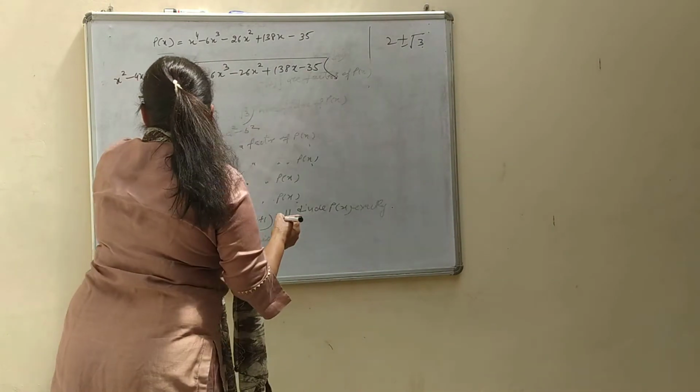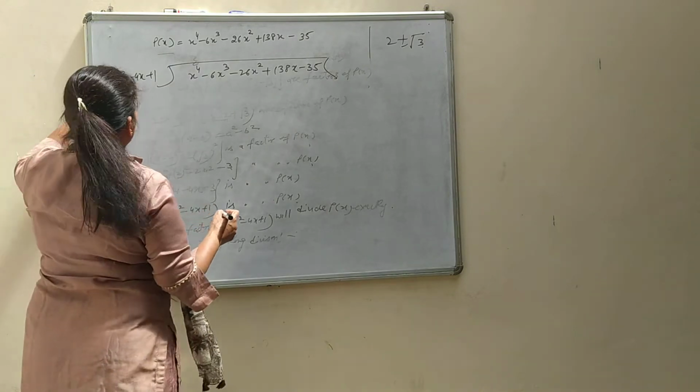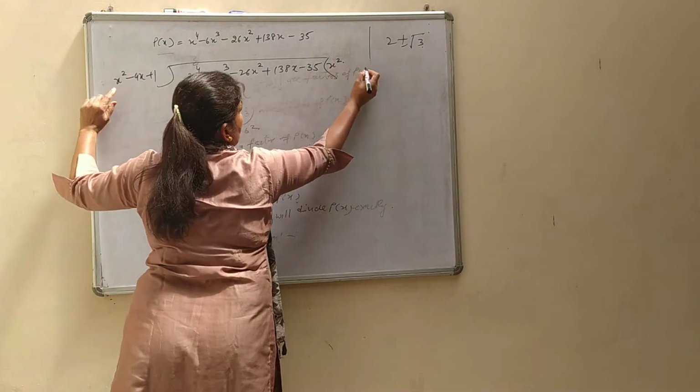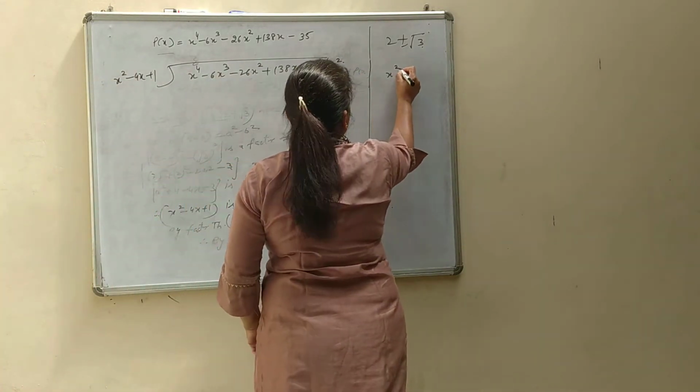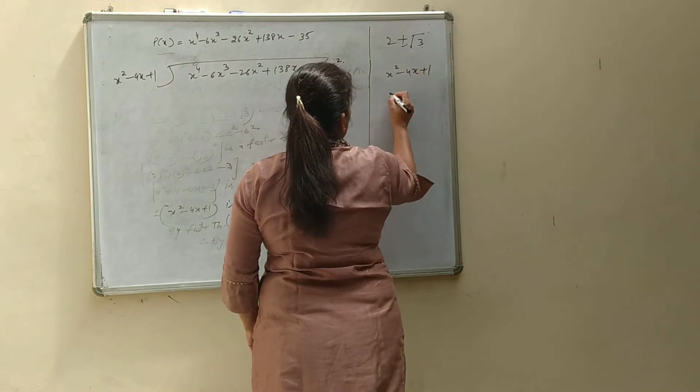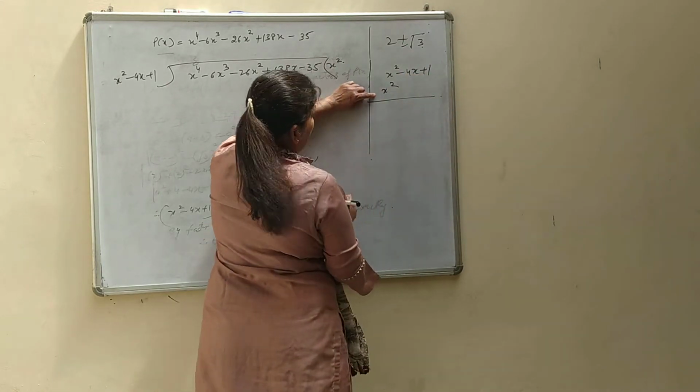The first term is x raised to power 4. We will multiply x square by x square. In the rough work, we will multiply x square minus 4x plus 1 by x square.